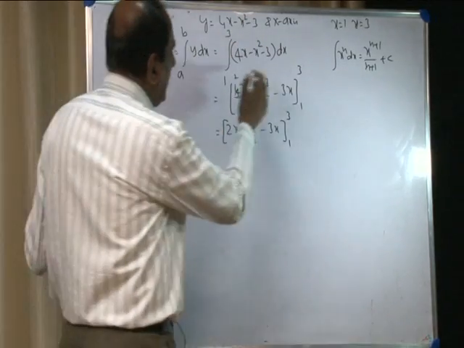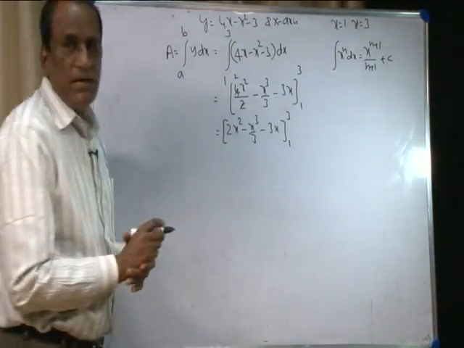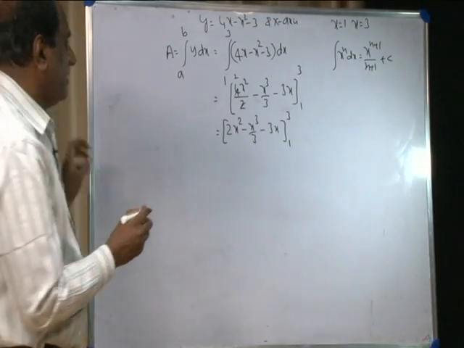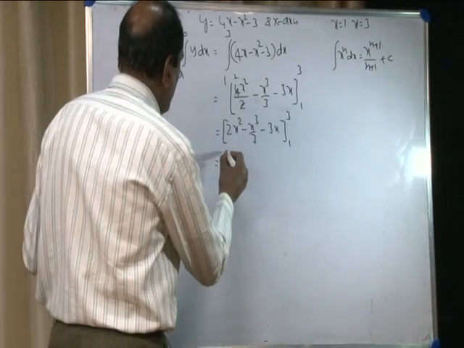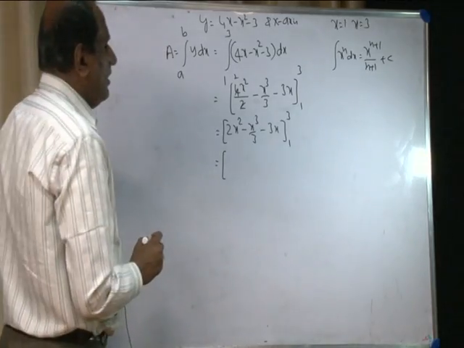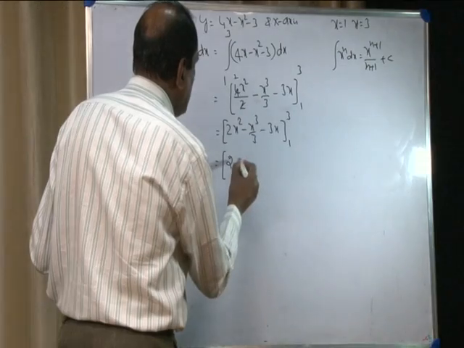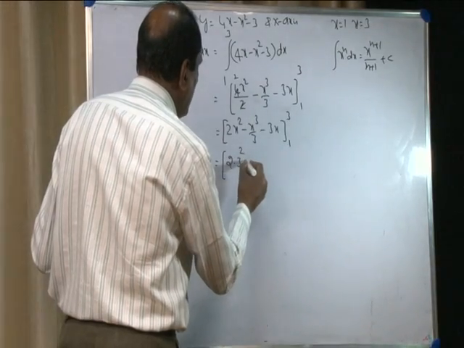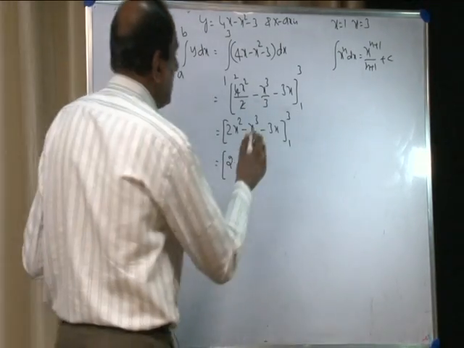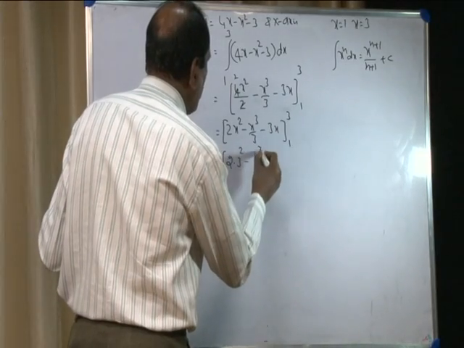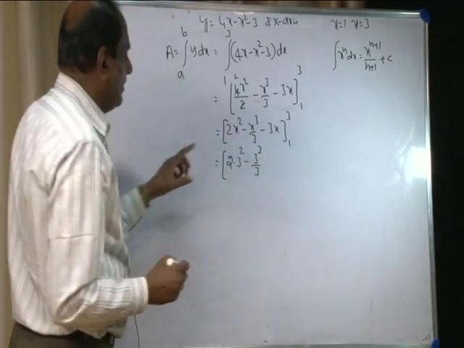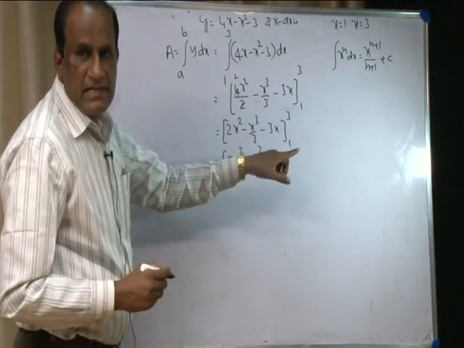Now, after integration, apply the upper limit 3. How to apply the upper limit? See here, 2 into x square, with x is 3, so 2 into 3 square, minus x cube by 3, that is 3 cube by 3. Keep the constants as they are.